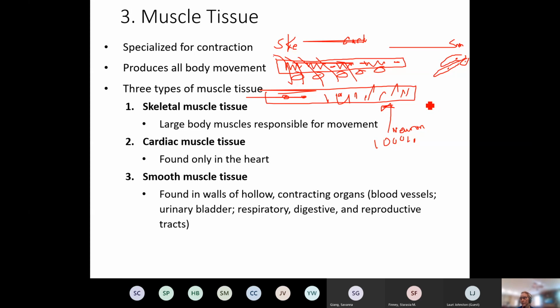It can be released from the local cells in the area. They can also be told to contract by hormones. So the way I get a smooth muscle to contract is by a variety of mechanisms. The way I get a skeletal muscle to contract is by one way.